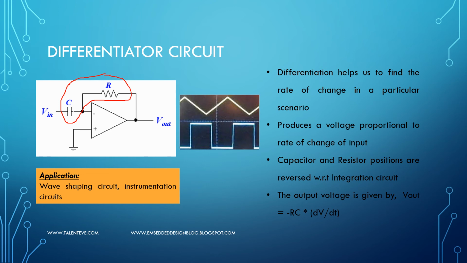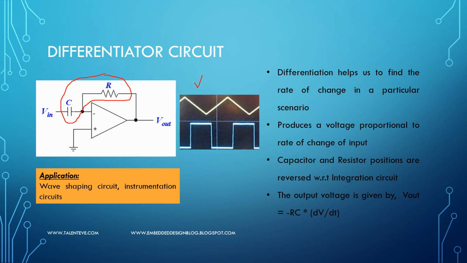For example, if you give a triangular wave input, the slope is constant because it is linear, so the output is constant here also. What we can say is the output voltage is proportional to the rate of change of the input.